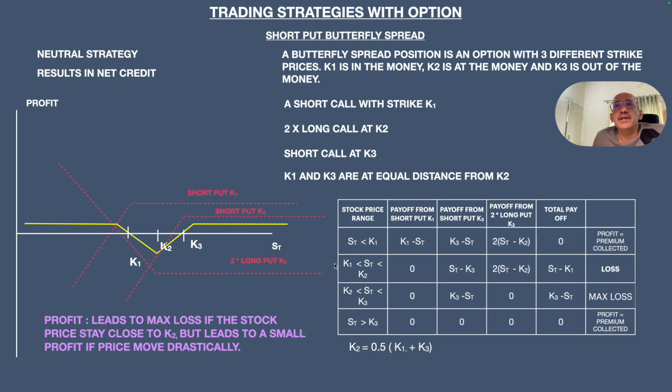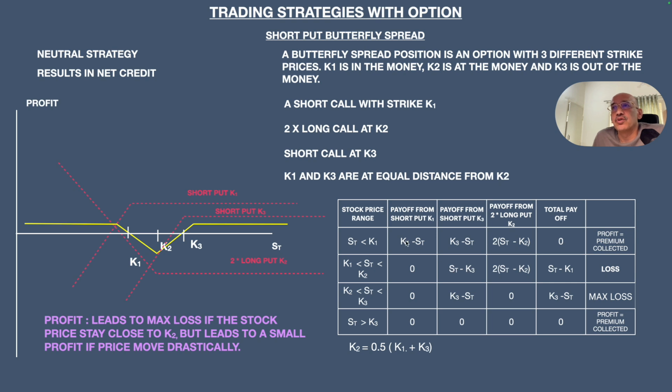Now, coming to the point where the price lies between K1 and K2. So if it lies between K1 and K2, what is going to happen? Your two long puts will be in the money, matlab that is in profit. Your one short put at K3 will be in loss, and this short put K1 here will not be in loss.